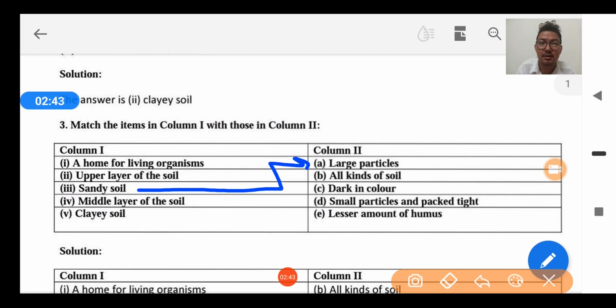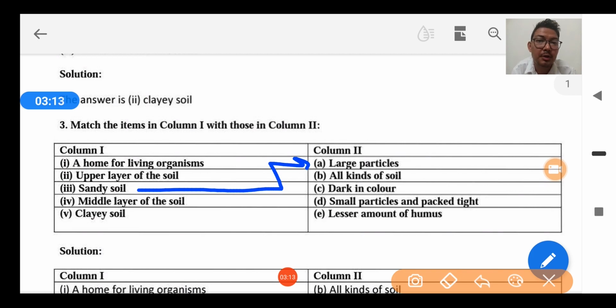Here the particles are very large, and because of the large particles, the space in between is quite large, and the binding capacity or strength between the particles is very less. Another feature of sandy soil is that the water retention or water holding capacity is very poor, but the percolation rate of the water is very high. So all these features about sandy soil you should know.